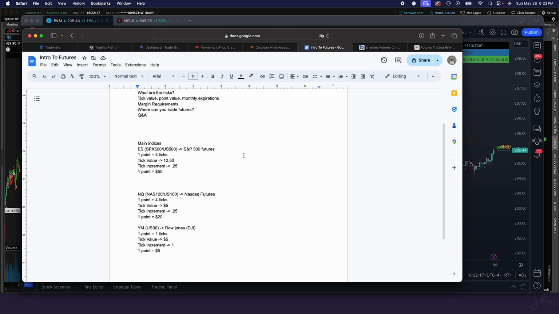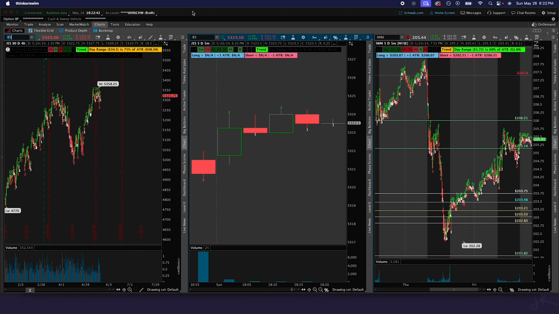So depending on the platform or broker that you're using, the margin requirements are very, very different. I tend to use Tradovate since the margin requirements are very low compared to other platforms. And I'll show you an example here.